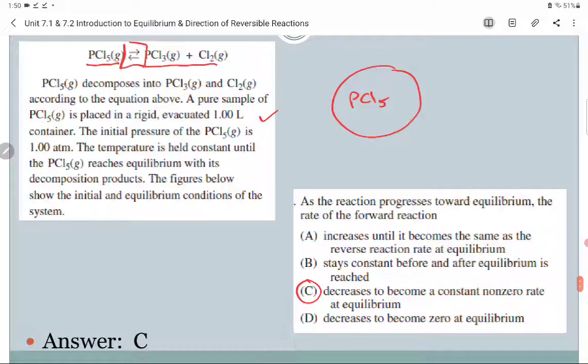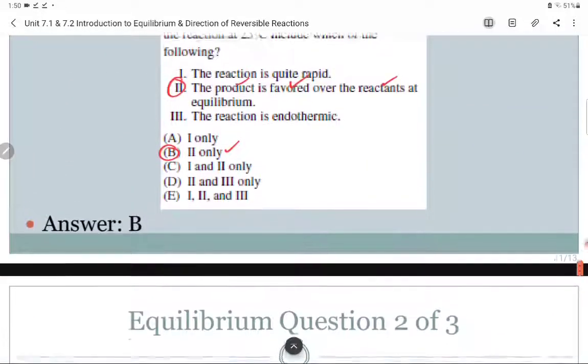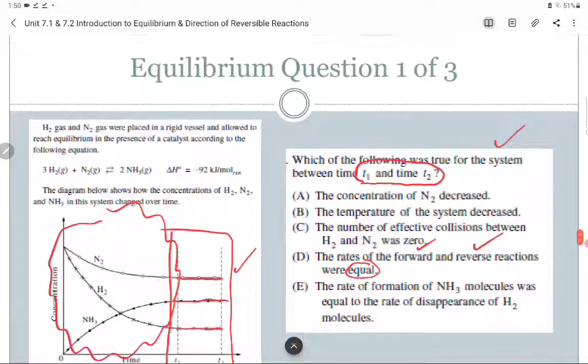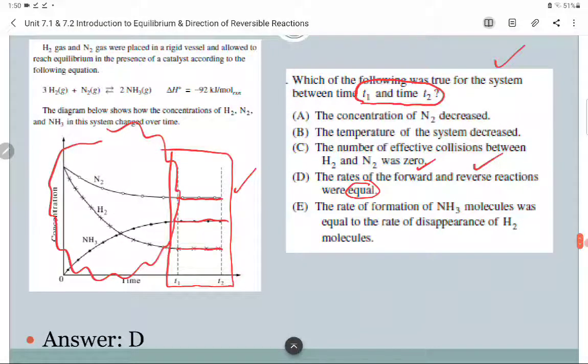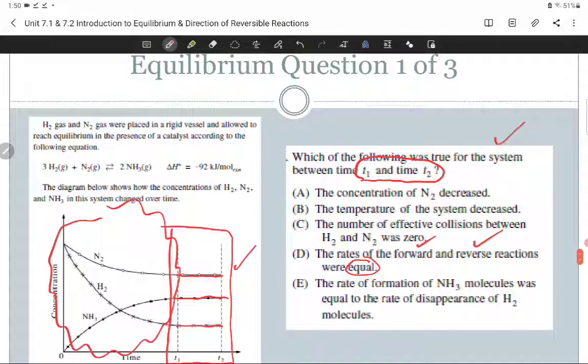As the reaction progresses towards equilibrium, the rate of the forward reaction. So if you remember, we had some graphs. So reactants are these things. In this case, there's 2 reactants, but they go down in concentration and their rates go slower and slower over a period of time.